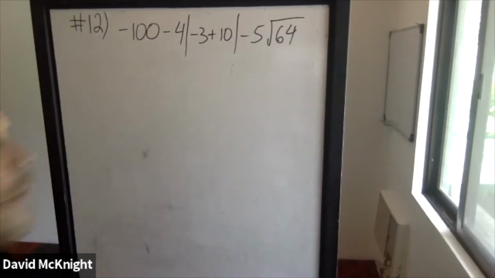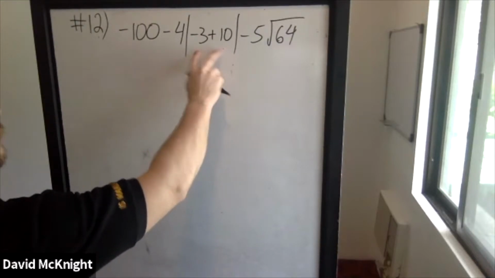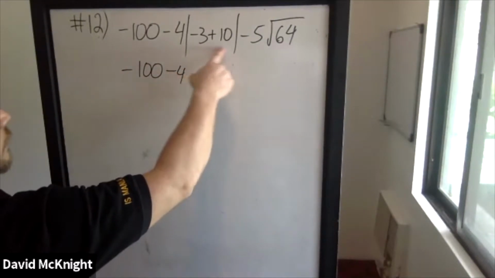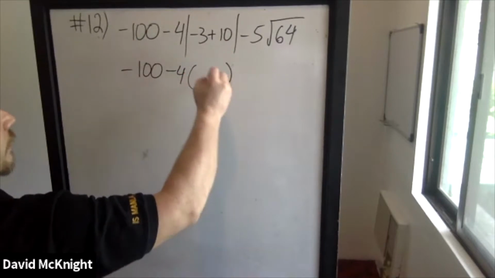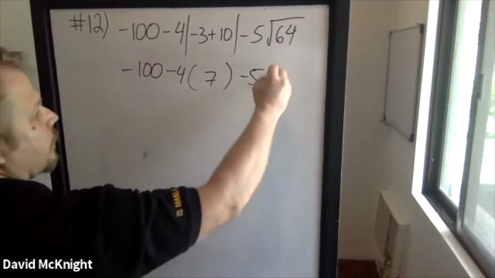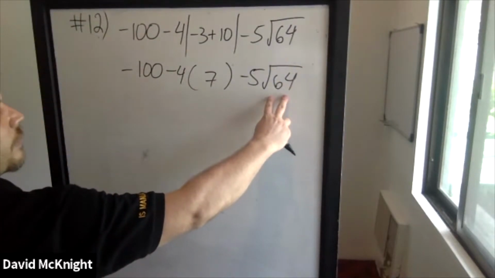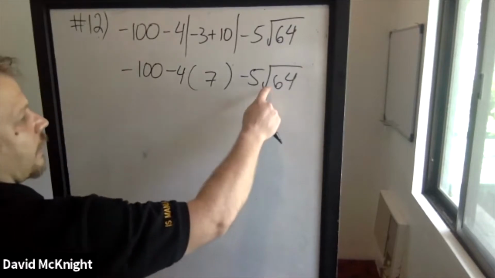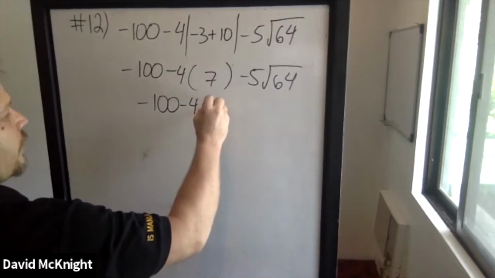All right, number 12. We have some brackets to simplify here, an absolute value bracket. And this is going to be 7. Absolute value of 7 is the same, 7. Some square roots to simplify, which is equivalent to an exponent in order of operations.